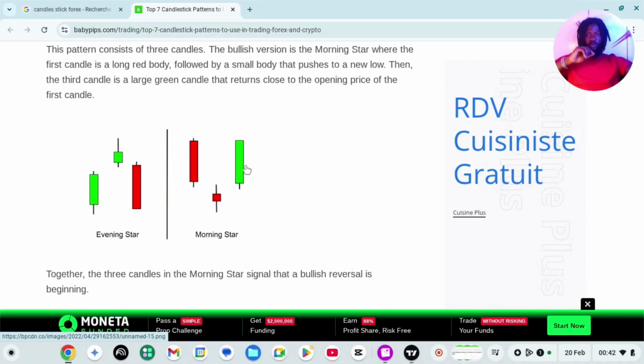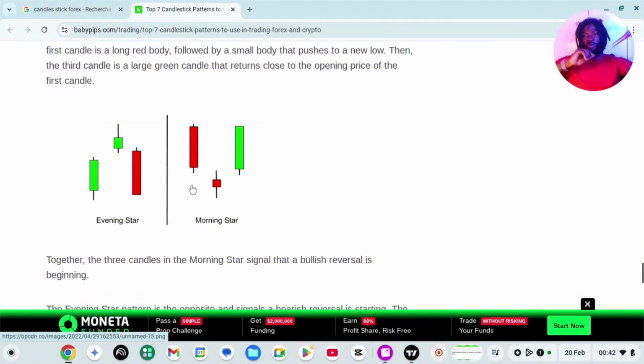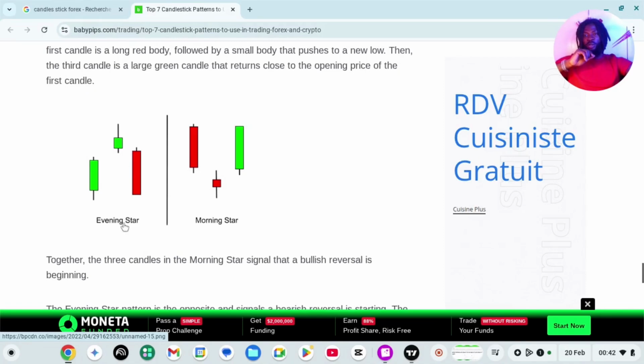Let's say, for instance, the market is in a downtrend, and we go to our support level and see this pattern. These 3 candlesticks are a very powerful reversal pattern, trust me. The opposite of it is the evening star.